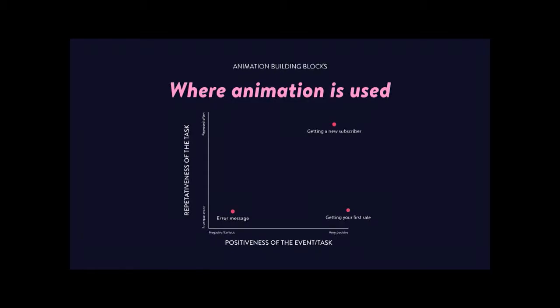Maybe it depends on how good you are at subscribing. These don't all fit in one particular product, they're just some generic tasks. Editing a series of transactions, you probably have to do that a whole lot. It's not really negative, but it's not really positive. So that's probably a place where you want animation that's more there for utility versus being expressive. So we can figure out where these lines are based on the tasks that might happen in the product you're working on.